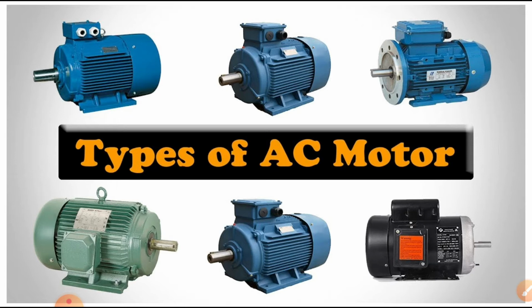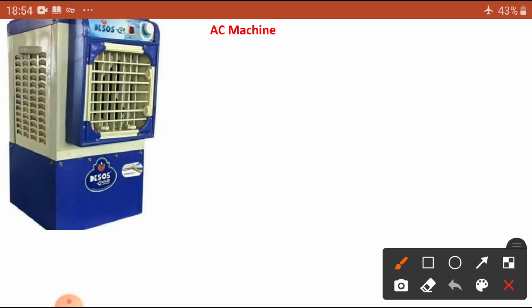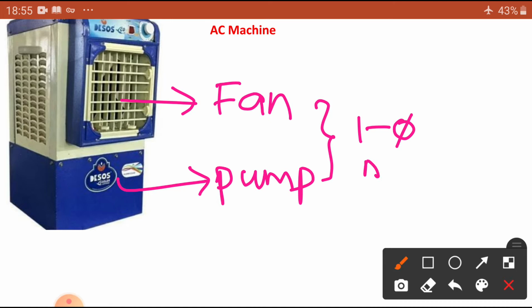Not only this one, dear students, in domestic applications you can observe these are also AC motors. What is this one? Yes, this is a desert cooler. It consists of an AC fan and an immersion pump. Both are single phase motors.